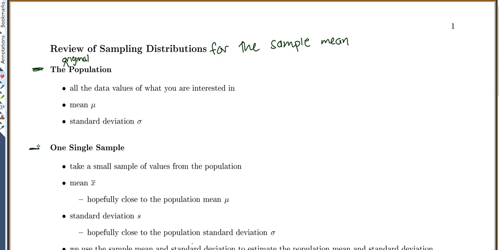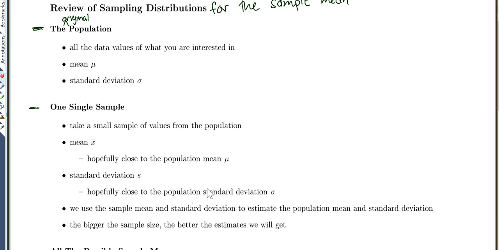Then you have the option of taking just one single sample, an ordinary sample with nothing special about it. You take a small sample of values from the population that will have a mean of x bar. Hopefully this mean is going to be close to the population mean mu, because in later chapters we're going to use the sample mean x bar to estimate the population mean mu.